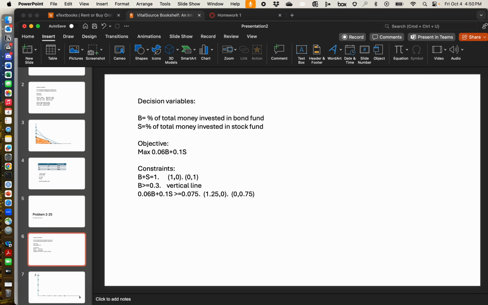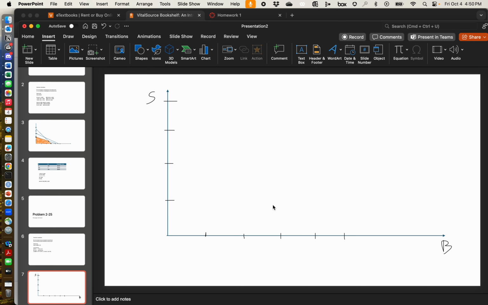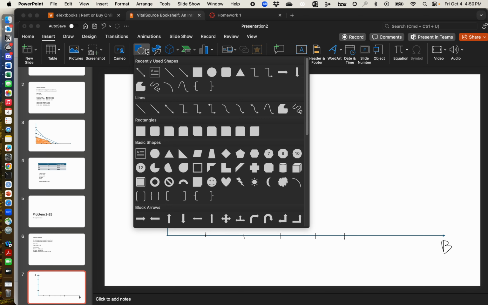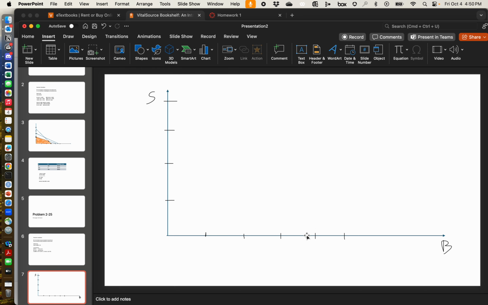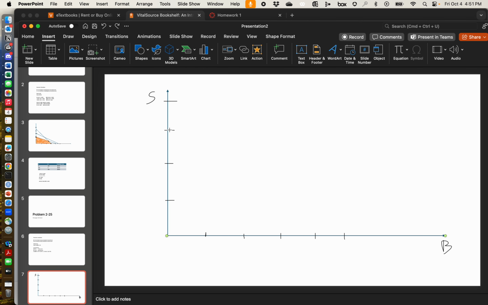The first constraint is between 1, 0 and 0, 1. Right, that's my first constraint right here.